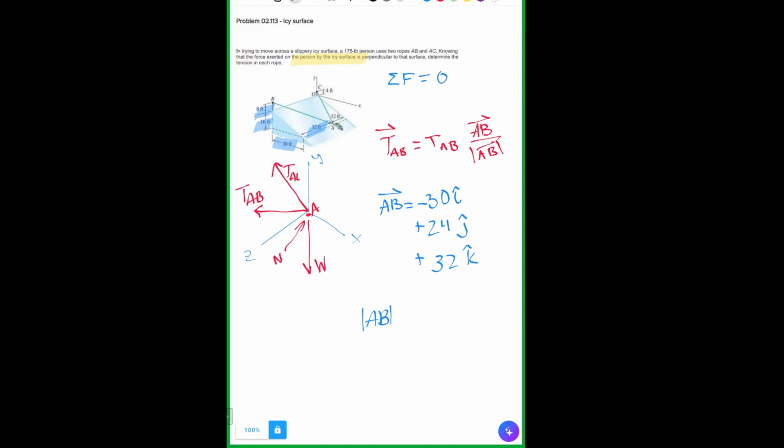The magnitude AB is found by squaring each component, adding them all together, and taking the square root. So we have negative 30 squared plus 24 squared plus 32 squared, and that equals 50. Now that you see the process, I'll let you try the other three. I would pause here, and I will also write the rest of the equations so we can see them all written out.